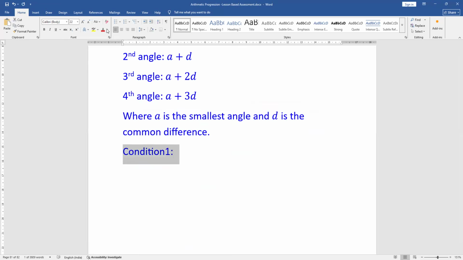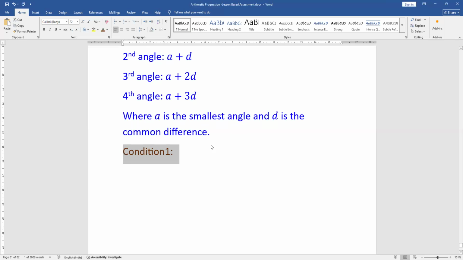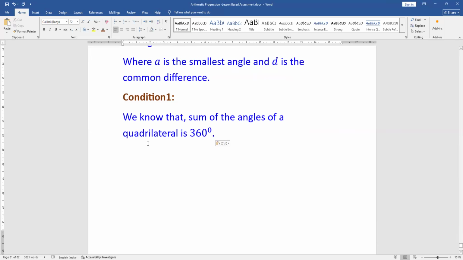So condition one. I'm just highlighting it. Condition one: we know that the sum of the angles of a quadrilateral is 360 degrees.